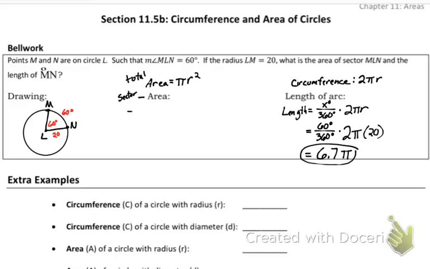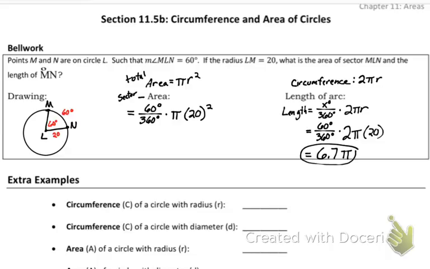So my sector area is just going to equal that 60 degrees divided by 360 times, instead of my circumference, I'll multiply it by my area formula. So pi r squared, well my r is 20, squared.